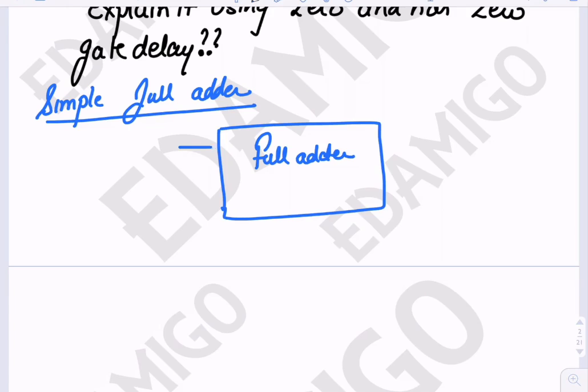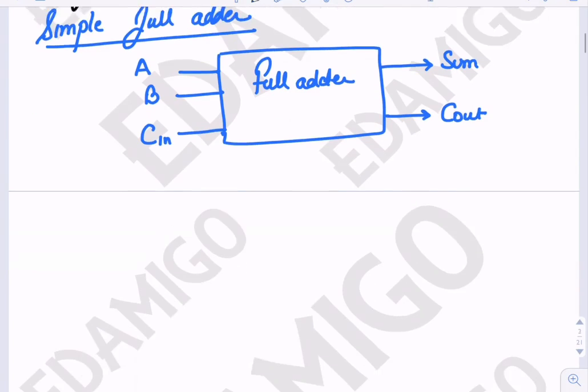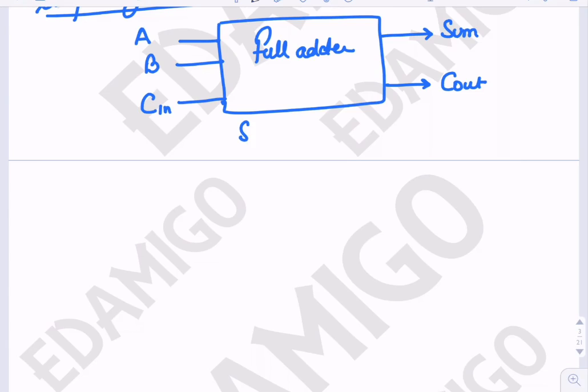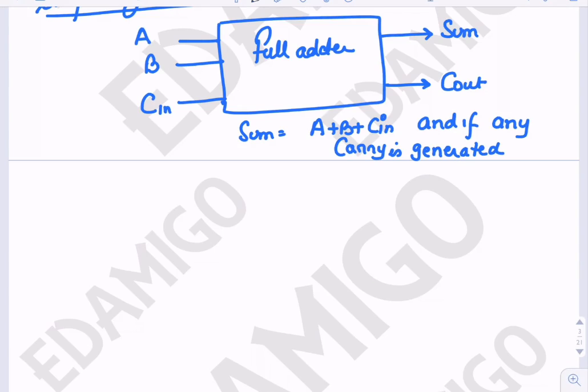which has three inputs. Two inputs are A, B, and the third input is carry input. There are two outputs, that is sum, and another output is carry output. So the sum is equal to A plus B plus C in, and if any carry is generated, C out is equal to 1, otherwise it is 0.